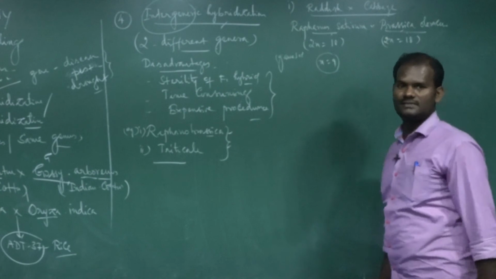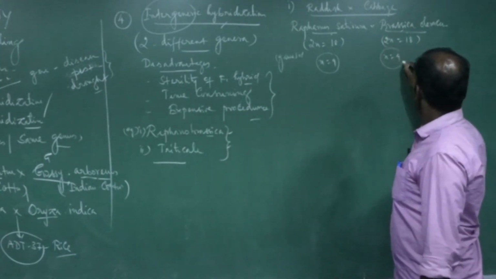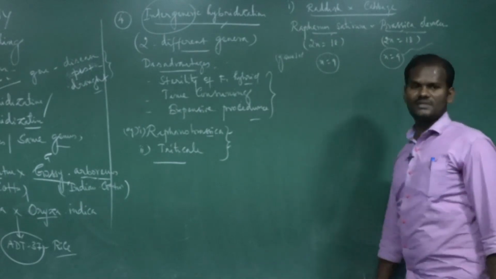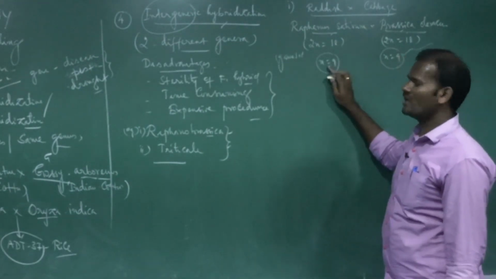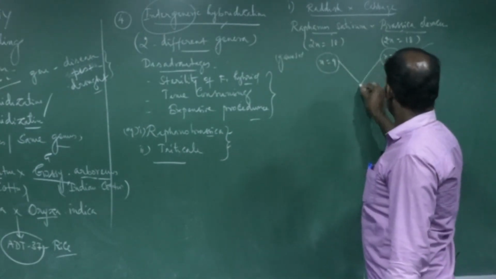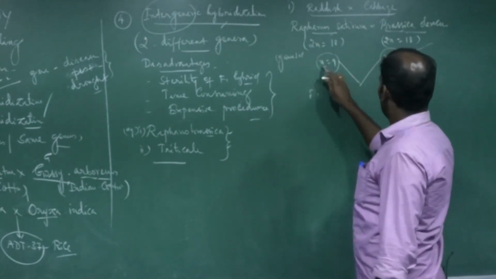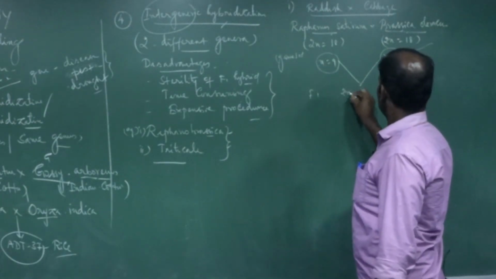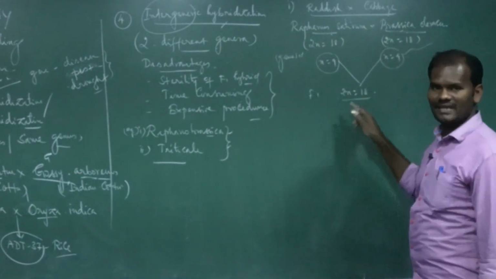This is an egg. Here also n is equal to 9. This is a sperm. The sperm carries a haploid set of chromosomes, and the egg also contains a haploid set. Both egg and sperm fuse together to form the zygote. This is the first filial generation: n plus n, 2n equal to 18. It is a hybrid variety.